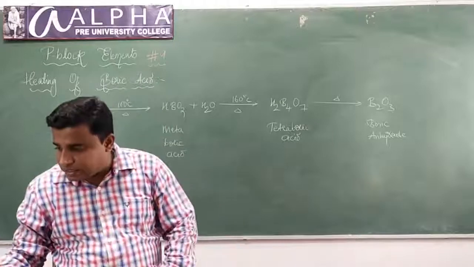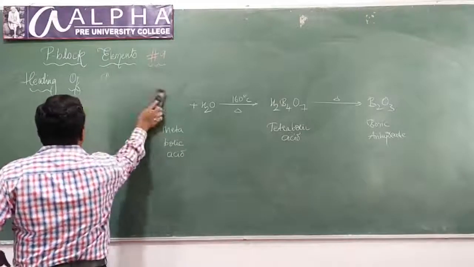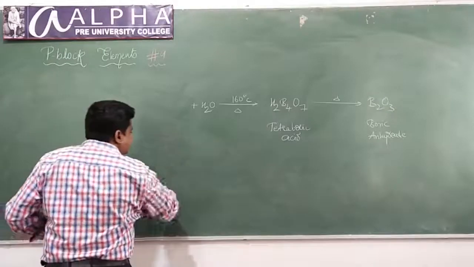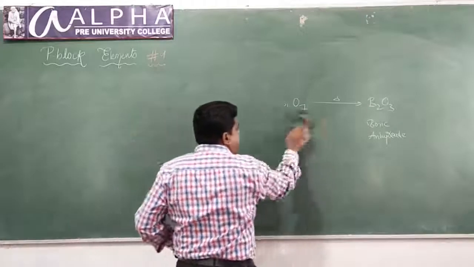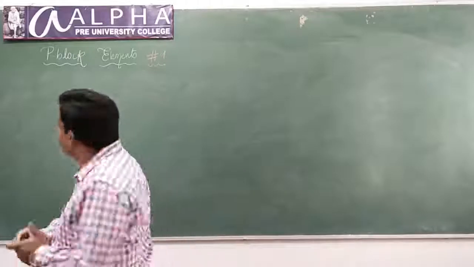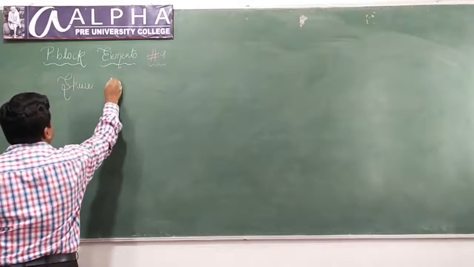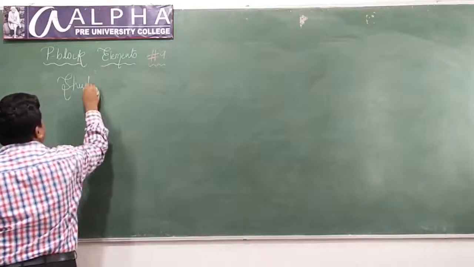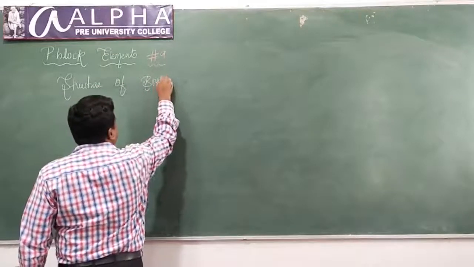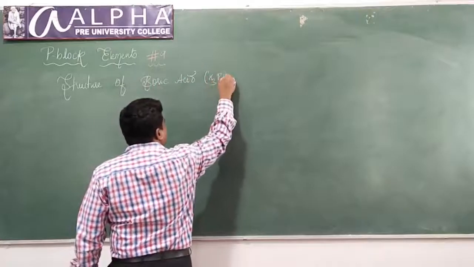Now let us understand the structure of boric acid. Very important. The structure of boric acid, that is H3BO3.